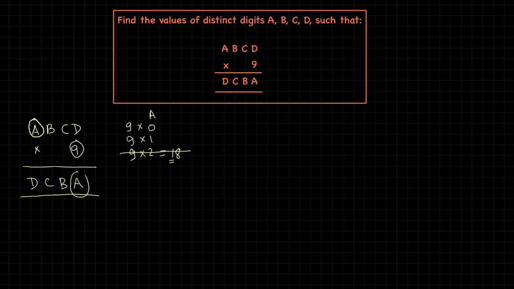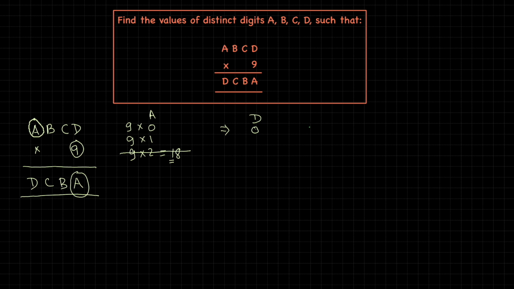If A is 0, let's see what happens to D. Because the last operation here needs to satisfy D times 9 is A. The only value of D which can lead to D times 9 being 0 is also 0.